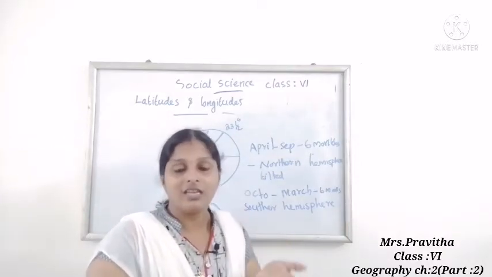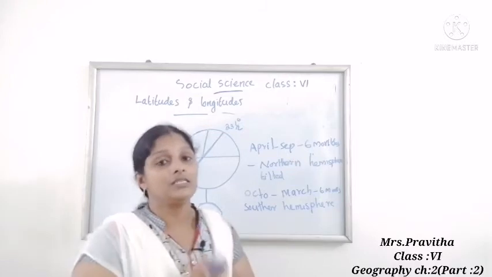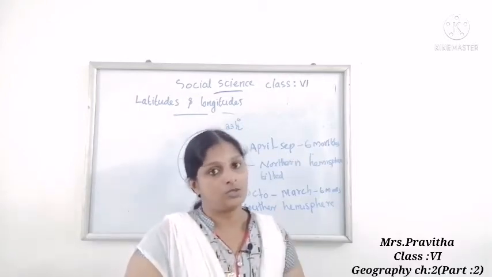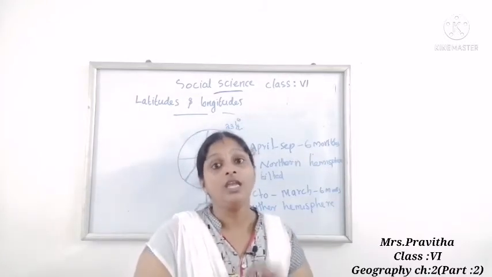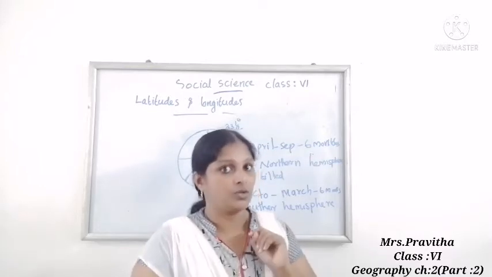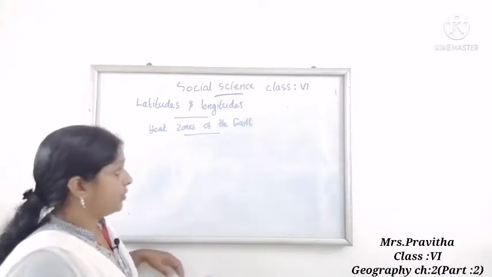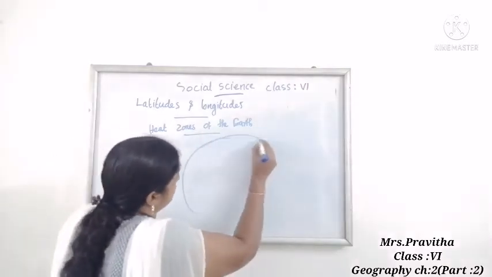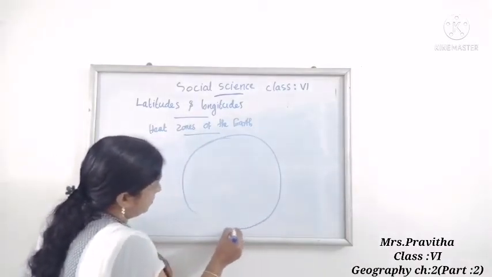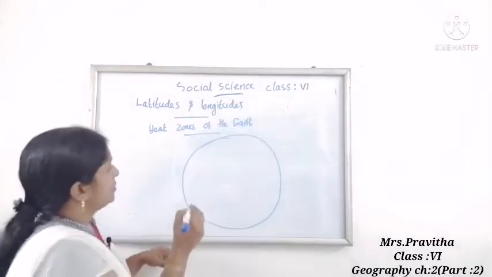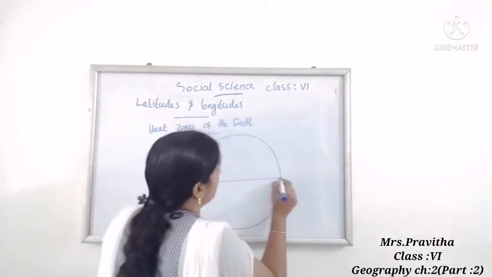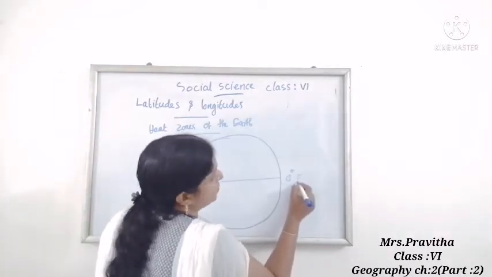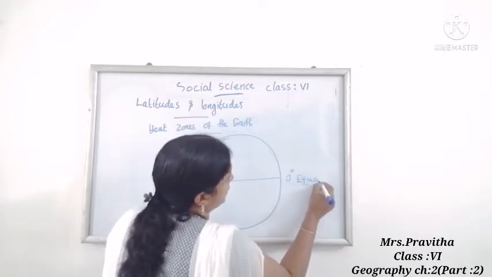Based on the variation in sunlight, the earth is divided into 3 heat zones. Now we are going to study which are the 3 heat zones. Now ma'am will draw the important latitudes. Children, this is the equator. 0 degree latitude is known as the equator.